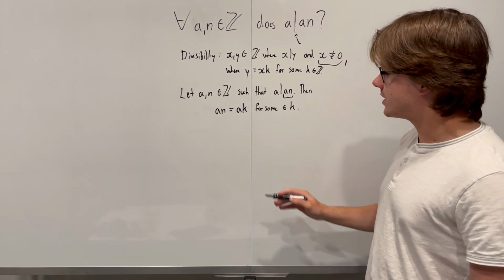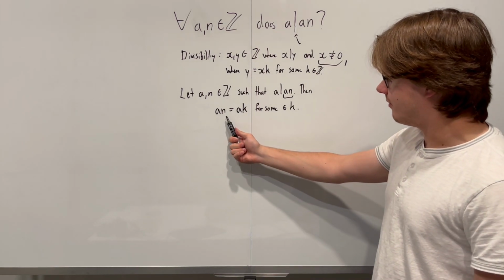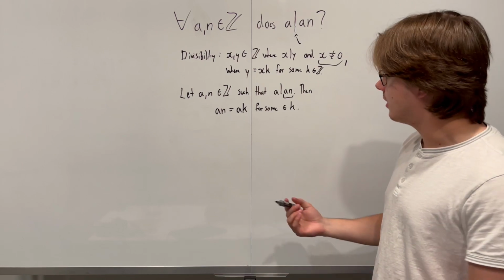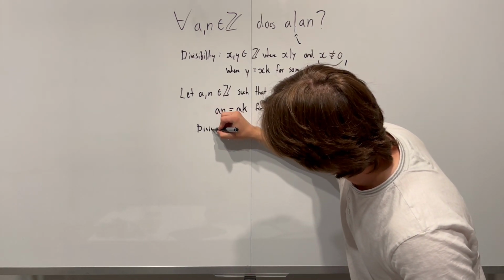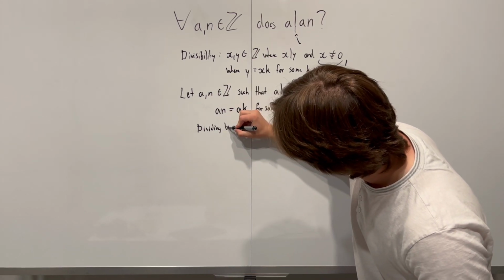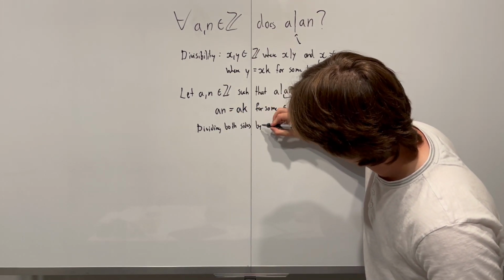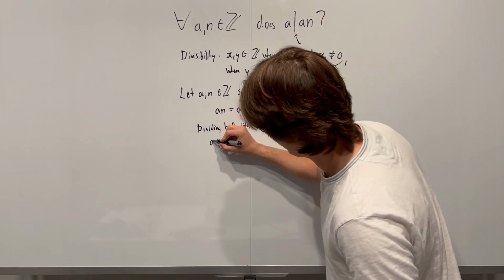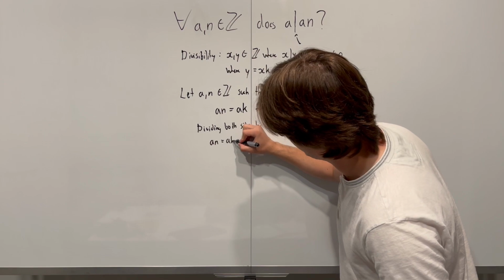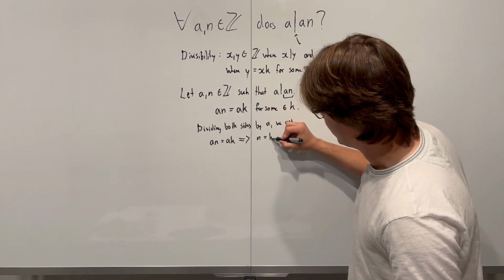Now, what we can say is, well, what is n, what is k? Well, we can say that obviously you can divide both sides by a, and let's say that. So dividing both sides by a, we get an is equal to ak is going to become n is equal to k.